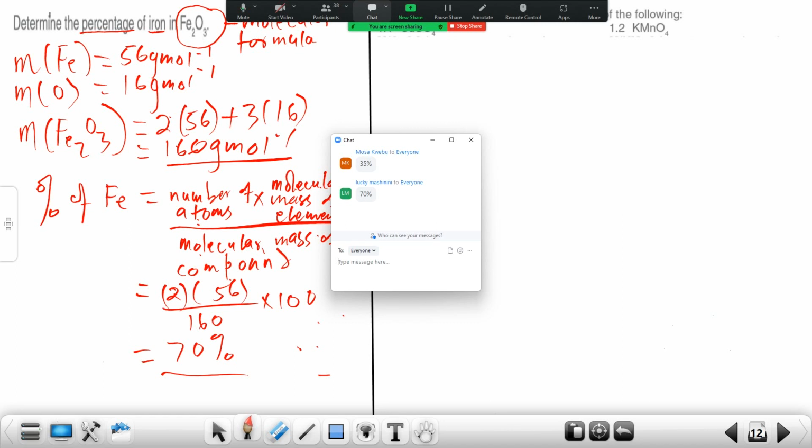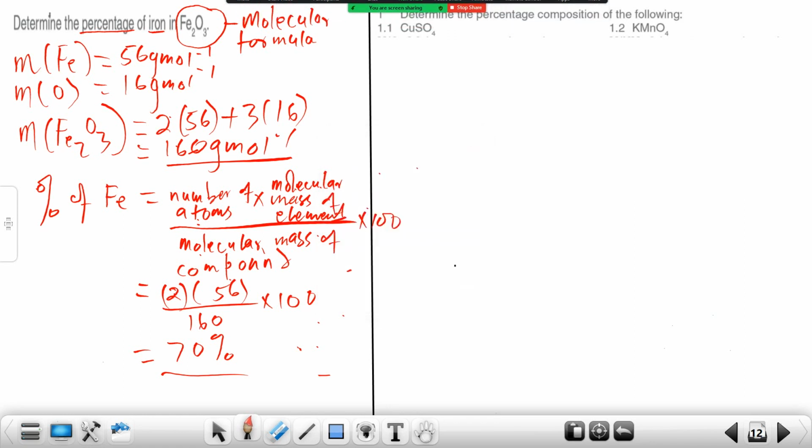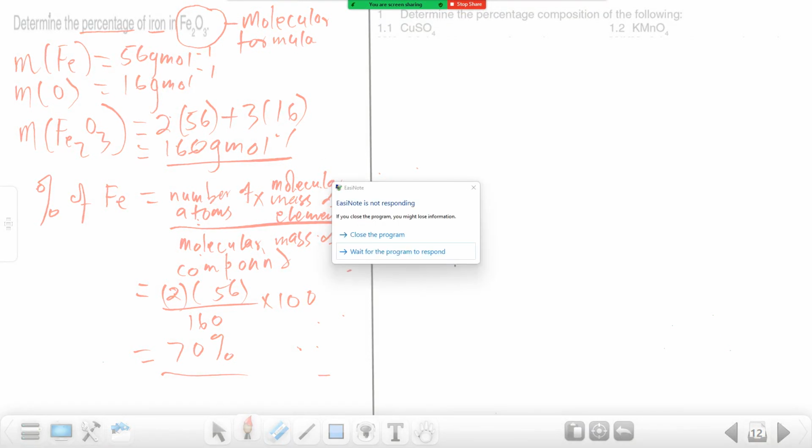So it is advisable to know that this particular formula, which will not be part of the exam, has this section here of the number of atoms. So the correct answer here is 70%.